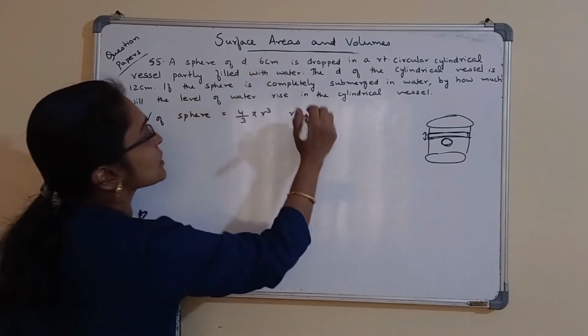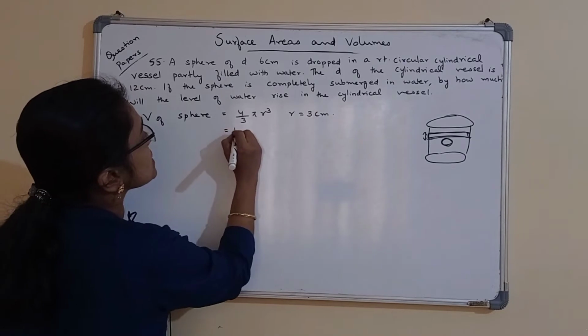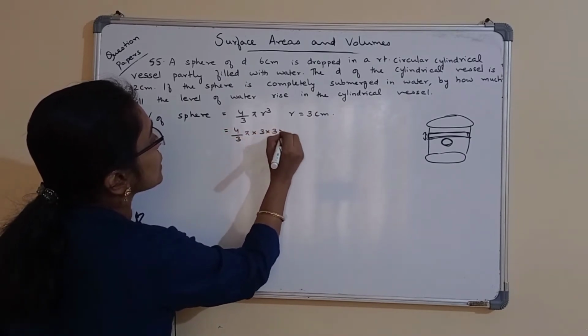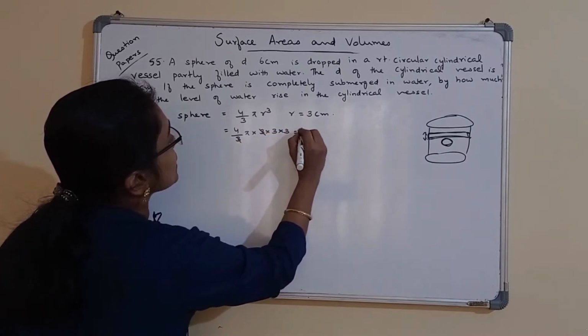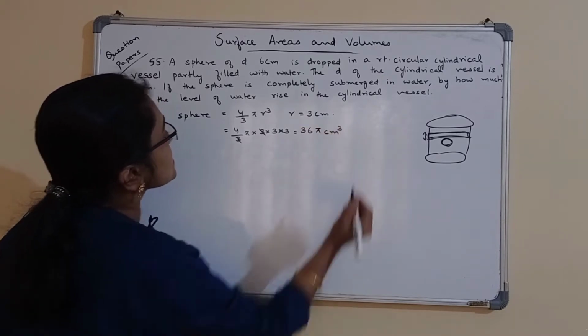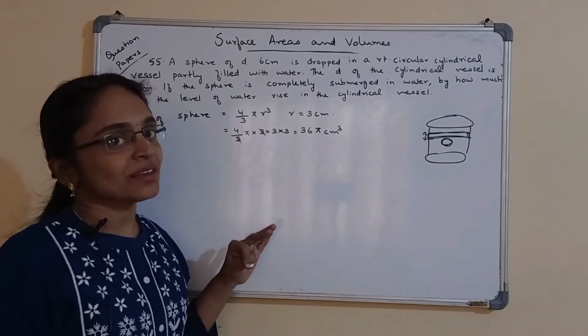Diameter is 6 cm. So, r equal to 6 by 2, which is 3 cm. So, this is equal to 4 by 3 pi into 3 into 3 into 3. So, 1 3 will get cancelled, which is equal to 36 pi. So, this is 36 pi centimeter cube. Volume of sphere is 36 pi centimeter cube.